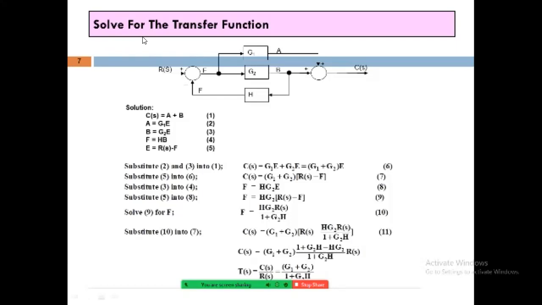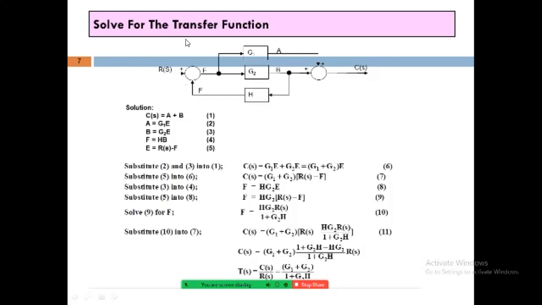Similarly, we can easily find the value of B. So G2 into E. Don't consider this path because this path is associated with the A term. After that, for term F, we consider that F is obtained from the H block, and from here it is the B block. Why are we not considering C of S?